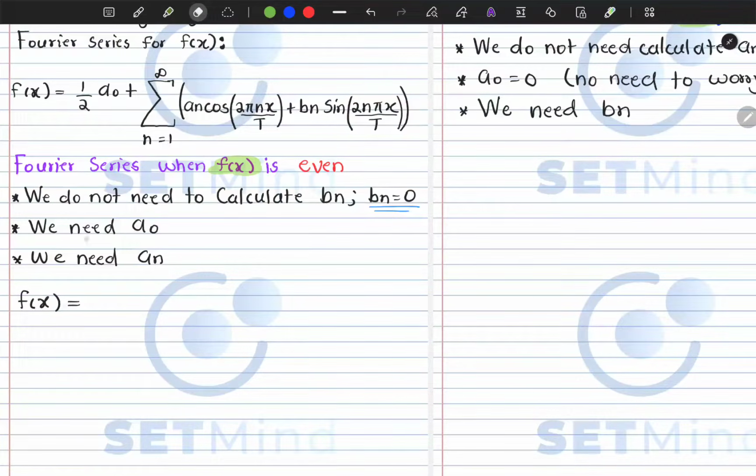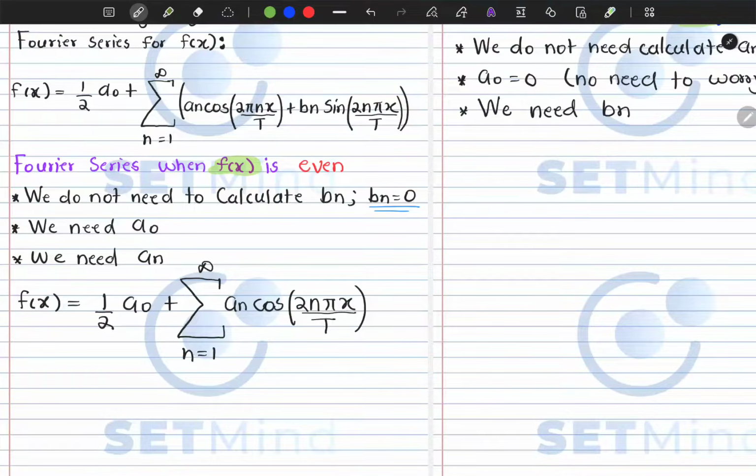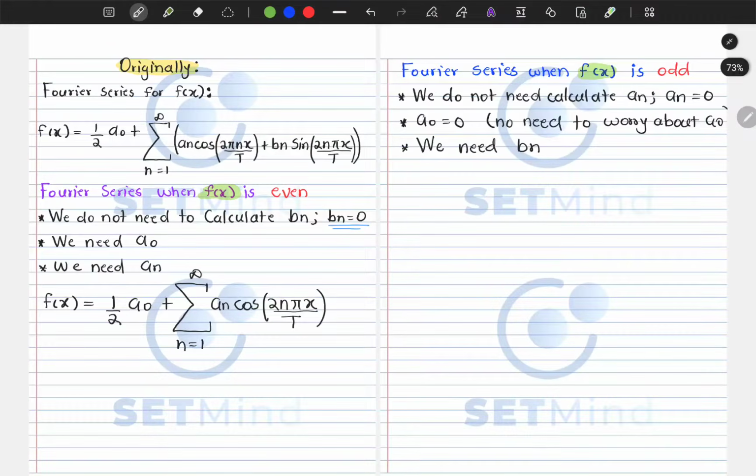It will be half of a0, plus the sum from n is 1 up to infinity. Remember, the only part that actually disappears here is the bn, so all we'll be having is the an multiplying cos of 2n pi x divided by t. Okay, that is what we will use.